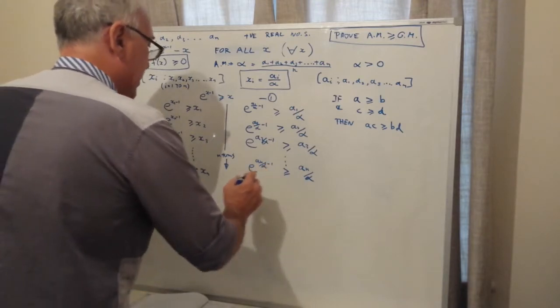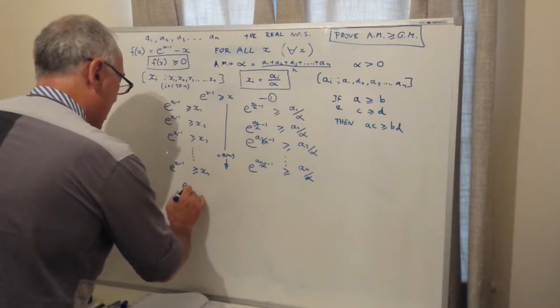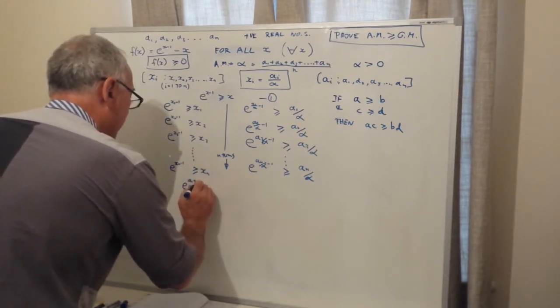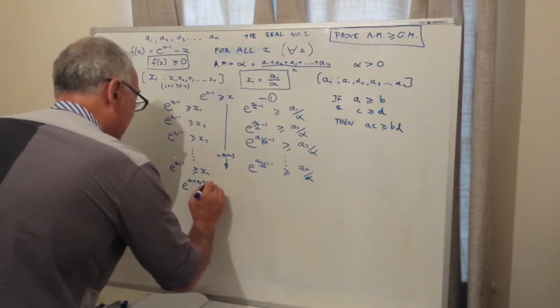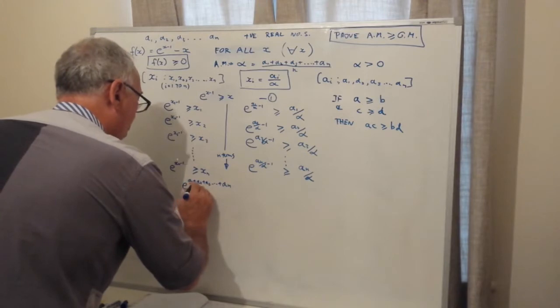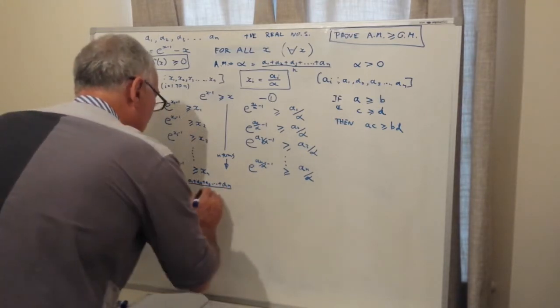And what we're going to get is e to the A1 plus A2 plus A3 all the way to AN, all over alpha.